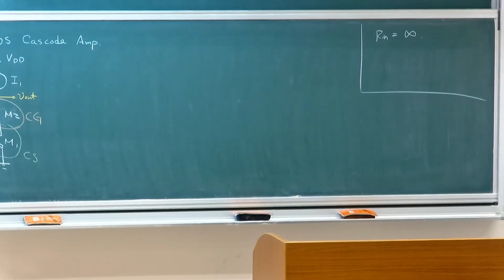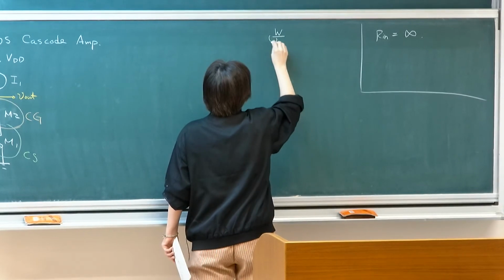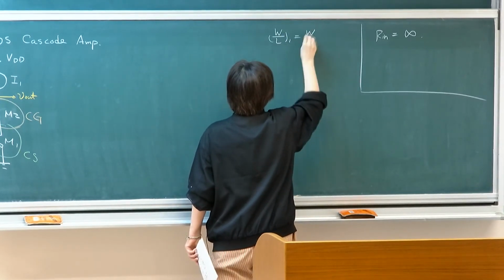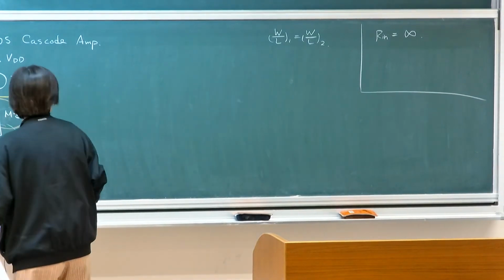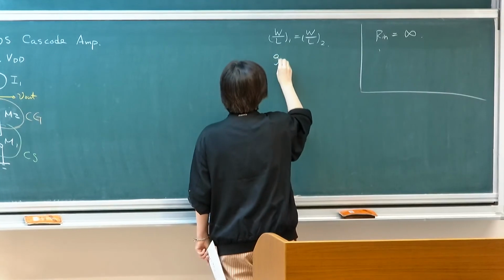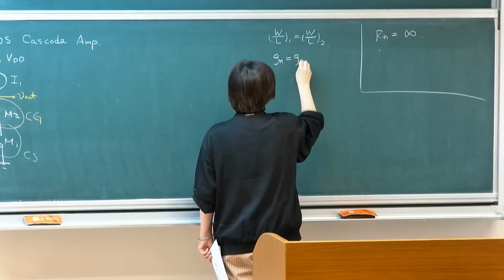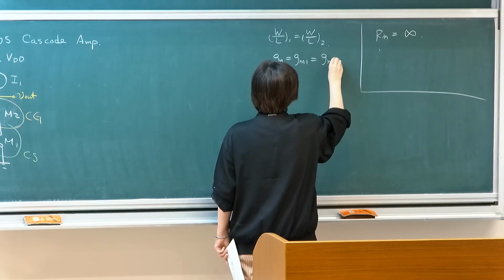I'm going to make our life easier, just assume that the transistor biasing current is the same. We're assuming that W over L1 equals W over L2, just to make it easier. Therefore, your transconductance is the same. So this simply implies that GM1 equals GM2 equals GM.